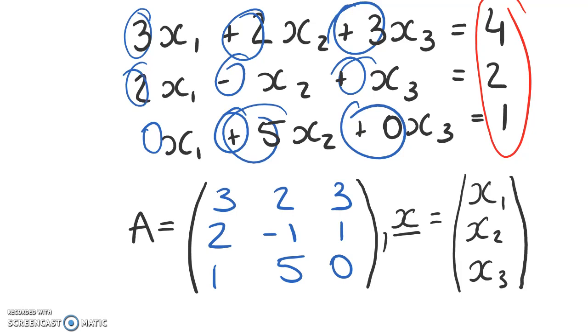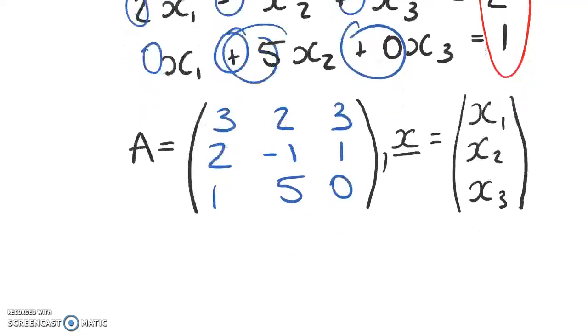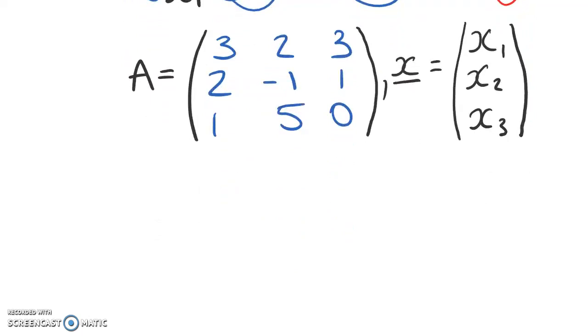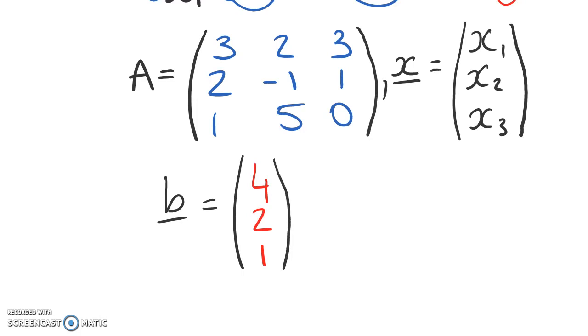As for our b, we can read it straight away from the right-hand side of the equations above in red there. And our b is equal to 4, 2, 1, like that.